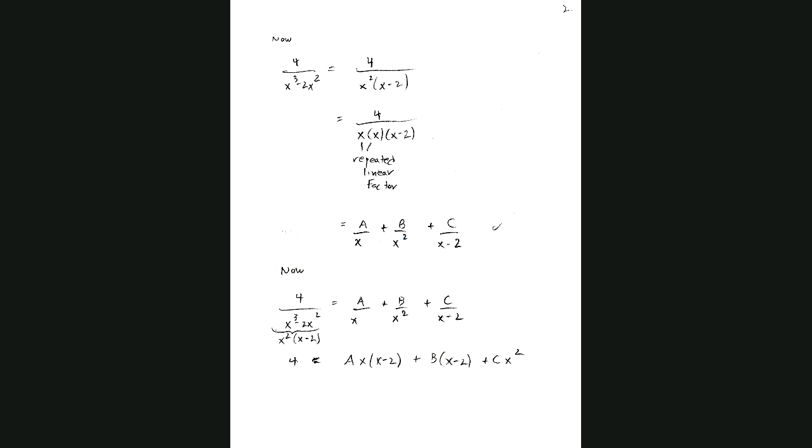Now, x squared is a quadratic, it's of degree 2. Normally, we wouldn't put a constant b above x squared. But when you have repeated linear factors, that's what you have to do. Suppose for instance you had 5 over x times x times x, let's say you have x cubed on the bottom, 5 over x cubed.